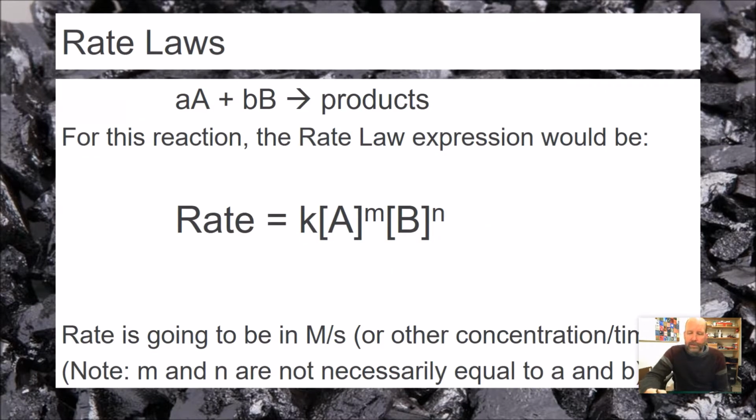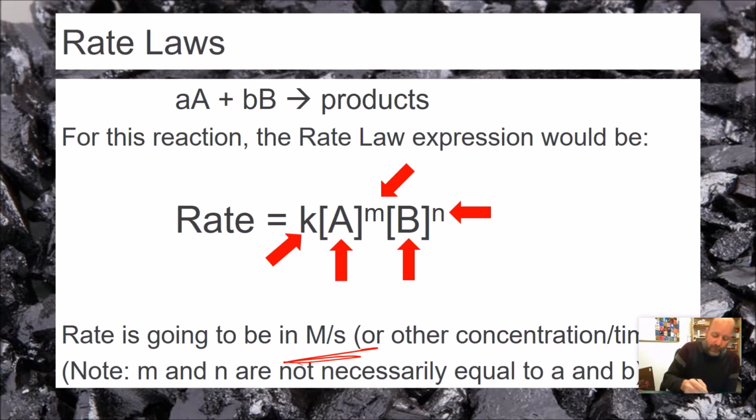So the rate law can be expressed in a mathematical equation, like I said, and it looks like this. So we have the rate, which is the actual rate of the reaction. Usually this is in molarity per second, or some concentration per second, or change in concentration per second. So that's what it says down here. Then you've got k, and this is the rate constant. And it is specific to these reactants in these conditions. More on that later.